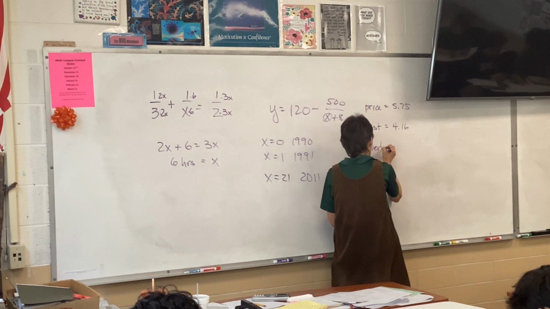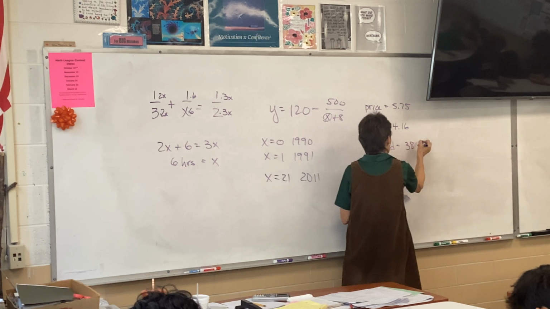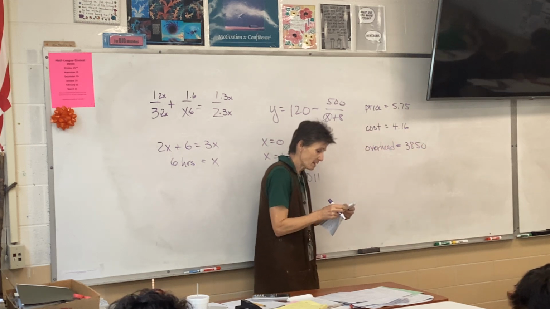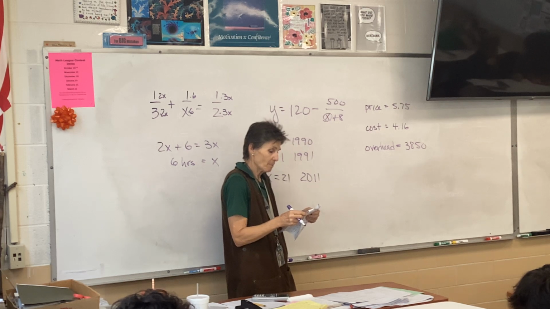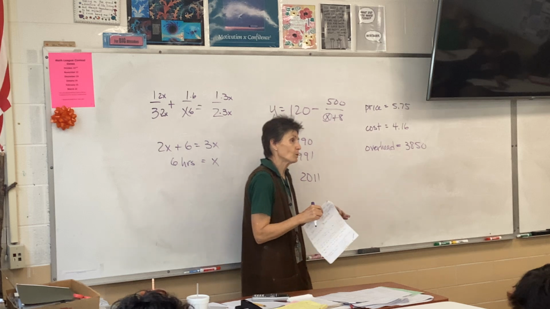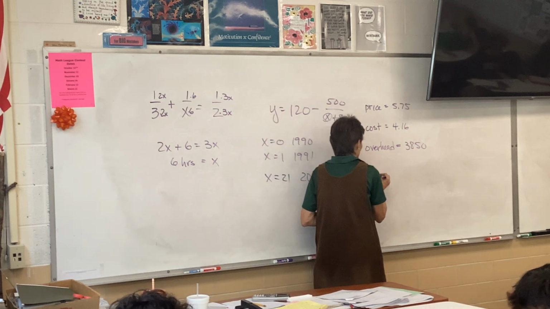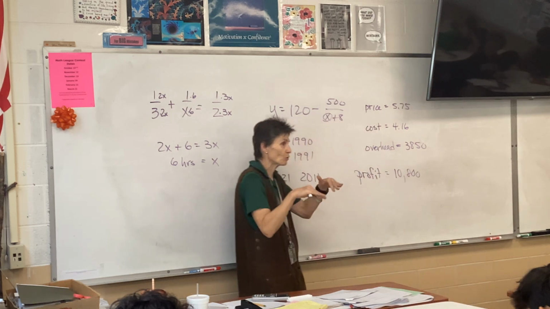Overhead is $3,850. How many pairs of socks must he sell to have $10,800? So in other words, he wants his profit to be $10,800. Is that how you interpret it?